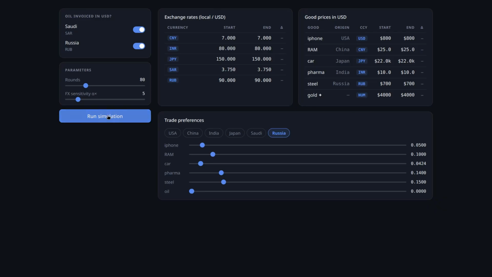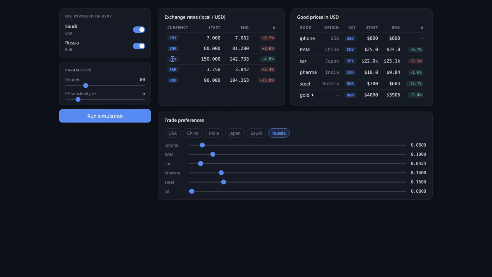What happens then? Well, in this case, the Japan currency becomes stronger, so then cars in United States become more expensive. Now, interestingly, other things become cheaper, like even steel from Russia becomes cheaper.